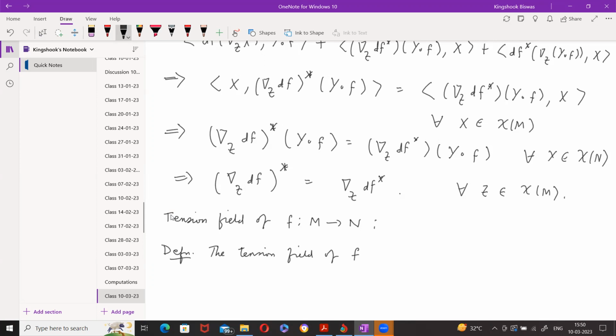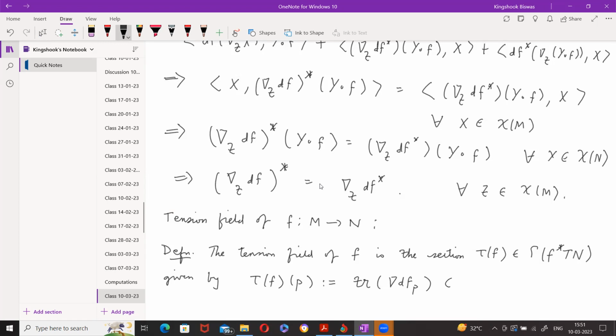So the tension field of f is the section tau f, a section of f star TN, defined by tau f at p is defined to be the trace of nabla df at p.